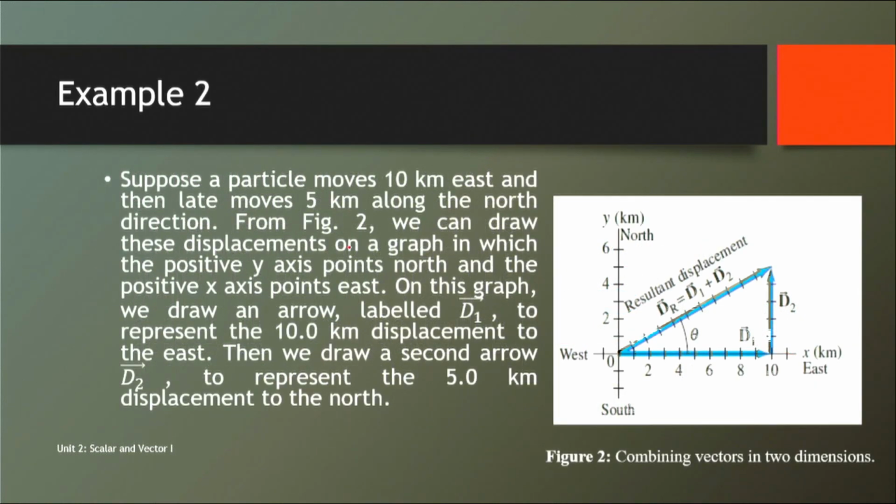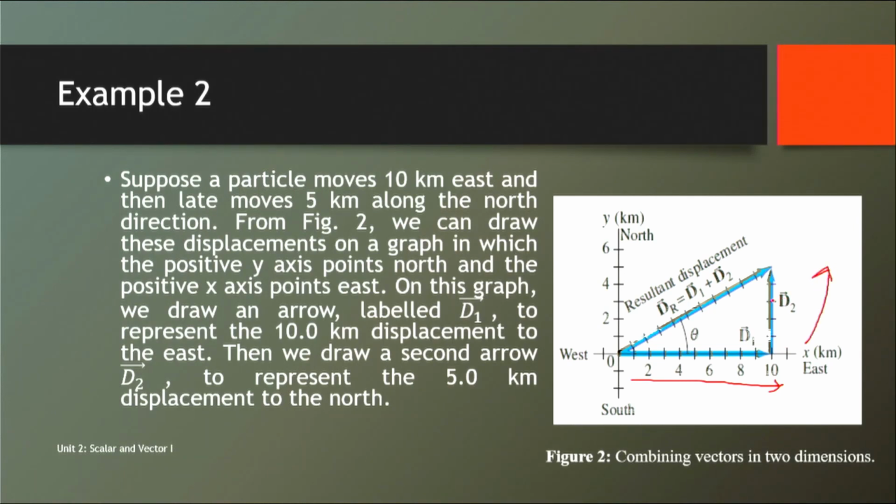Let's consider another example. Suppose we have a particle which moves from 0 to 10 kilometers as depicted on the screen, and in another instance this same particle moves around 4 kilometers, and in another instance we have another vector which moves 5 kilometers up north.